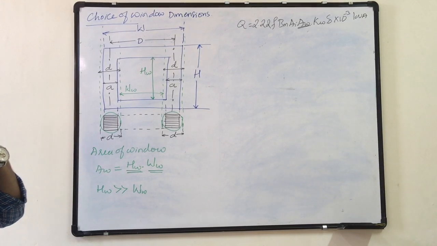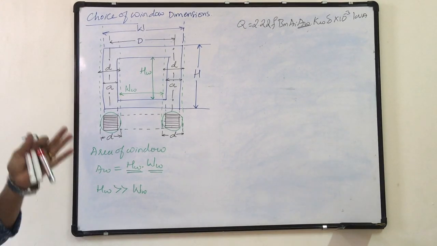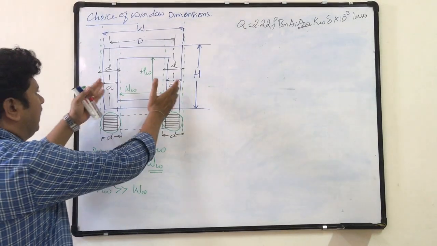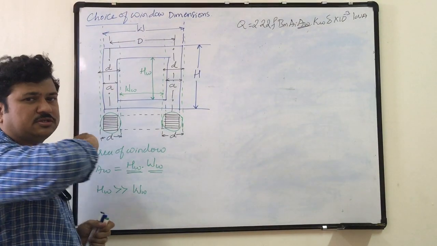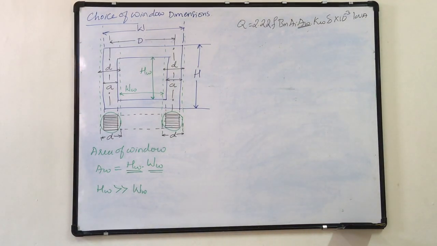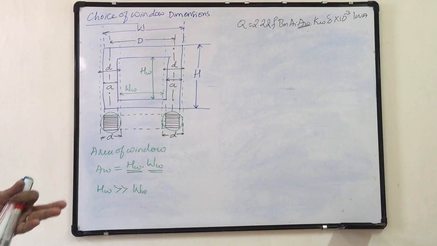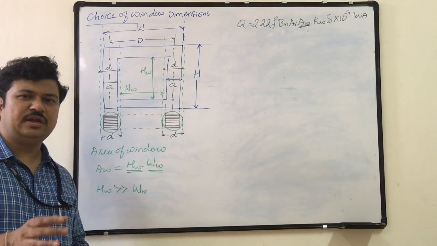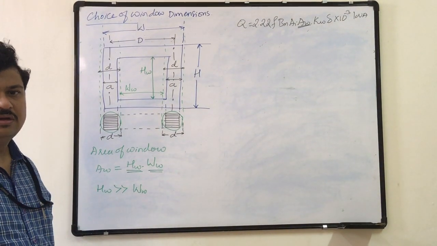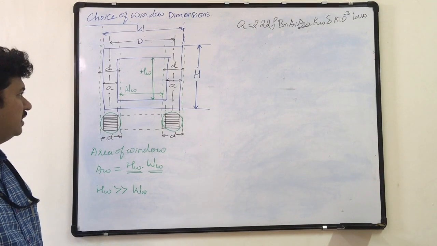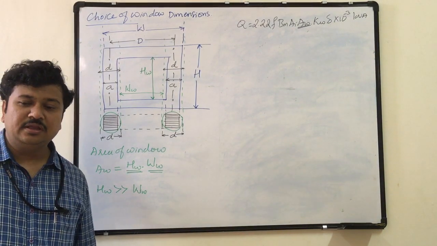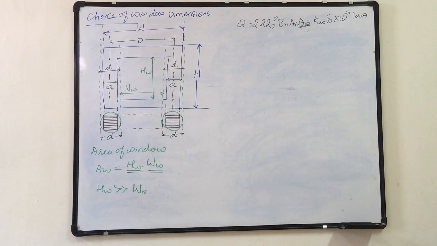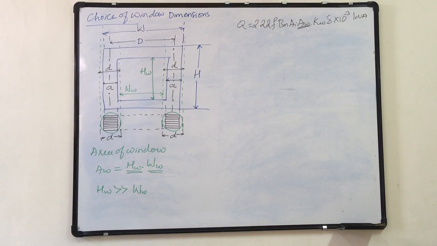If I make the transformer window very narrow, then height of the window increases, which will make the two windings placed on both the limbs close to each other. The leakage flux and leakage reactance decrease. This is one of the advantages. But the disadvantage is that there is no sufficient space for cooling, and there can't be sufficient space for clearance.